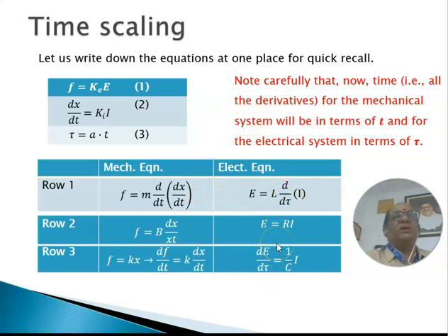That is because we chose t to be the time for the mechanical system and tau to be the time for the electrical system. With this, we consider the three quantities, that is the mass, the damping and the spring stiffness, and try to relate them to L, R and 1 by C.